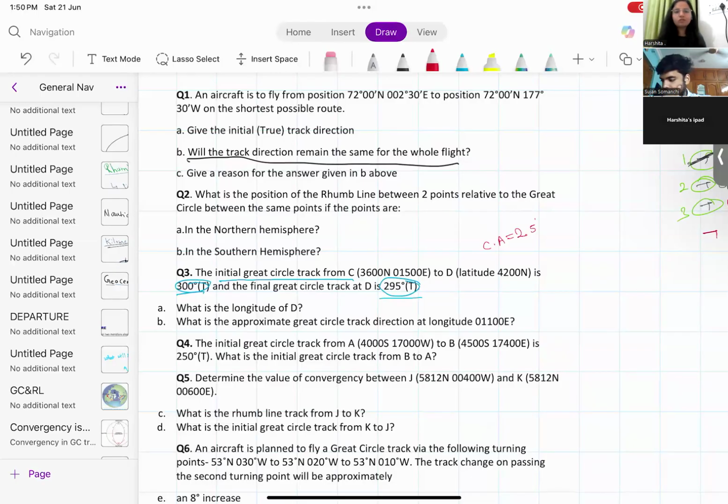You can just send me a photo. Actually, I have drawn two diagrams. It's okay, send me both of them.